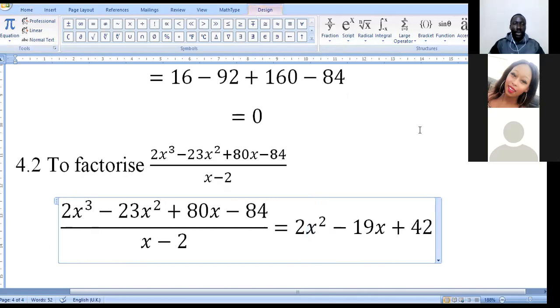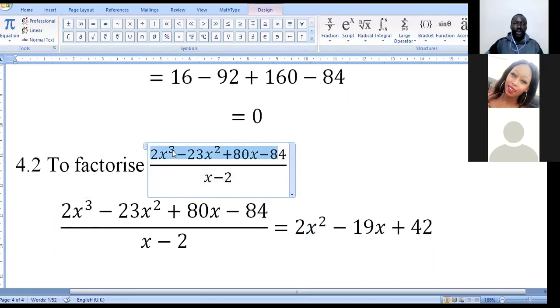So now the question is that we factorize this expression here. So as we indicated, to factorize that, we have to divide this expression. What we get in this case is going to be, all right, looks like the screen that I'm sharing has disappeared.